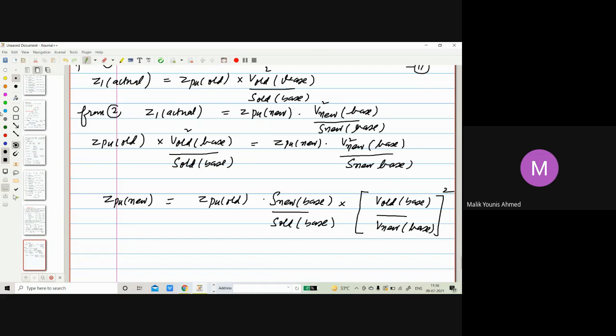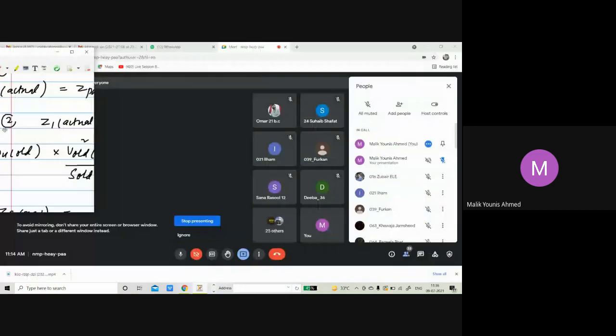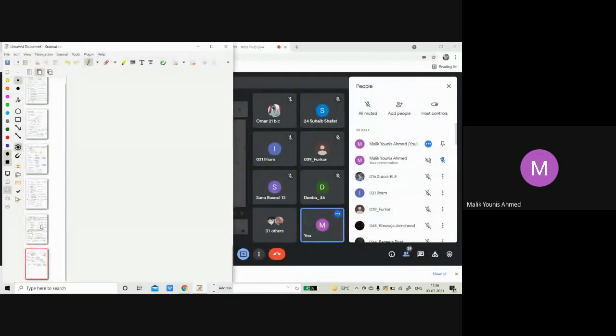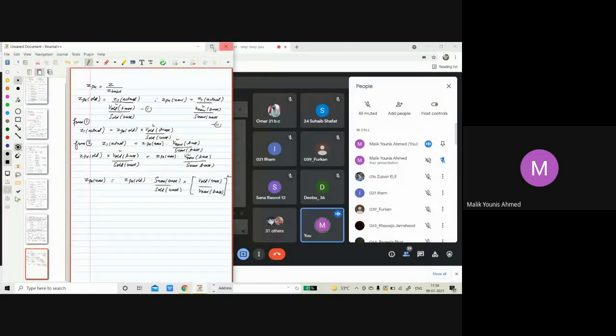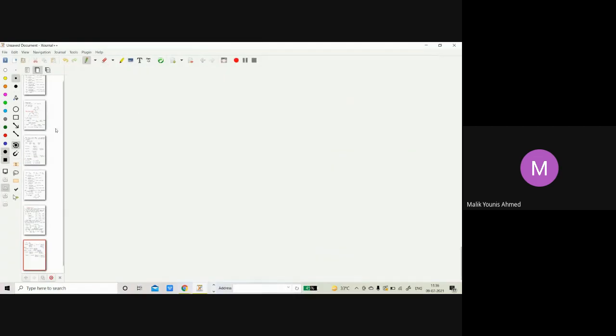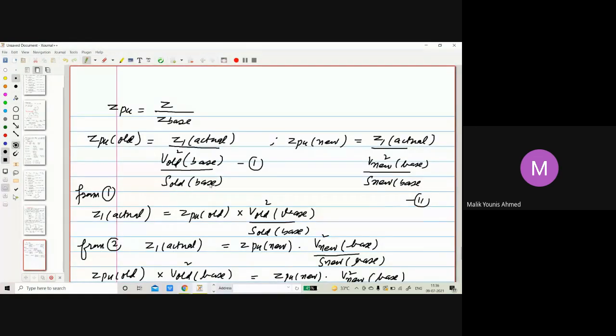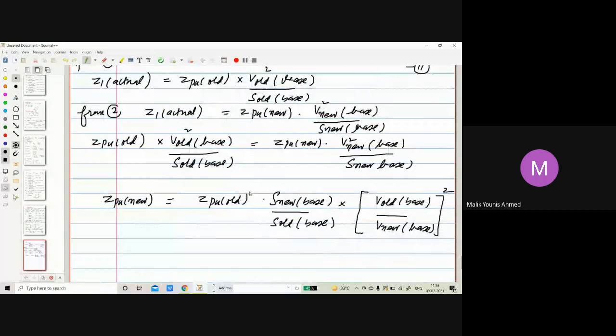So this is a very important derivation. We will be using this derivation again and again, so we have to remember this. I will mark this relationship in red.